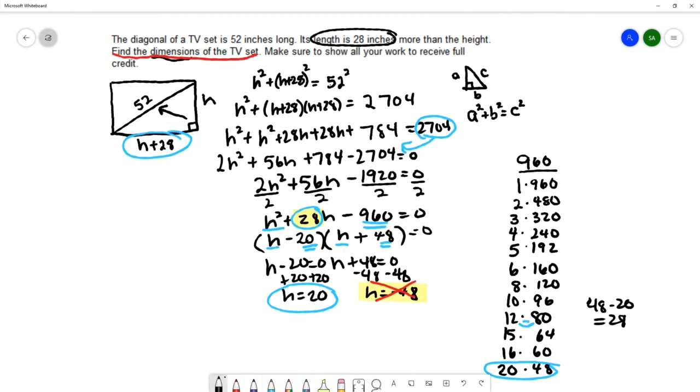So we have the height being 20 inches and the length being 20 plus 28 inches, and that's 48 inches. So the dimensions of our television set are 20 inches high by 48 inches in length.